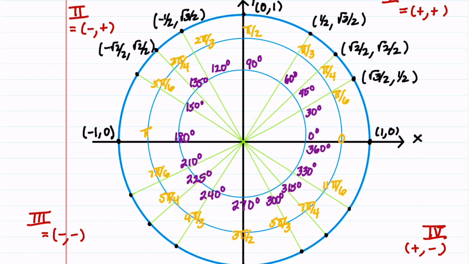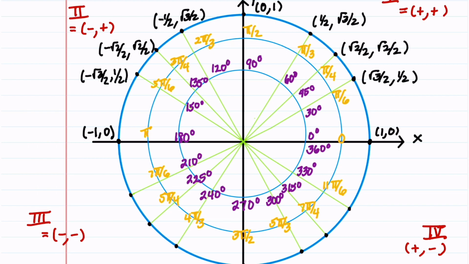The reason that the y value is staying the same is we're just going right across, so the y value is not changing. But the x value is flipping from positive to negative. So this next point is minus root 3 over 2, 1/2. And then we get down to -1, 0.